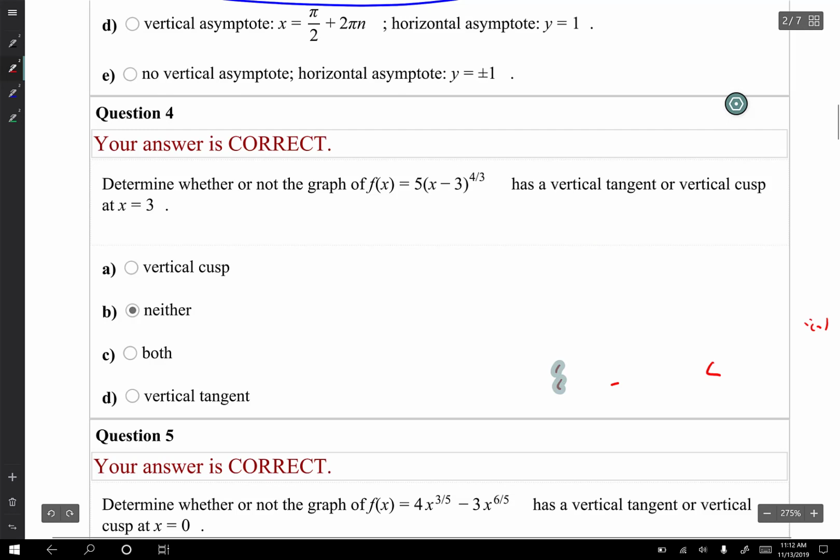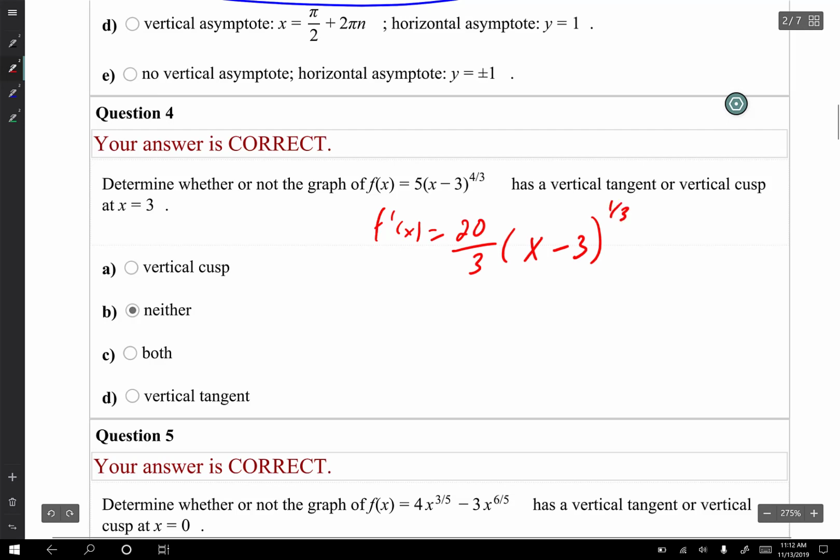So now let's talk about how to do this question. I'm going to take a derivative because it wants to determine whether I have a vertical tangent or vertical cusp. So f prime of x is equal to, let's see, 5 times 4 is 20 over 3, times x minus 3 raised to the power 1/3.